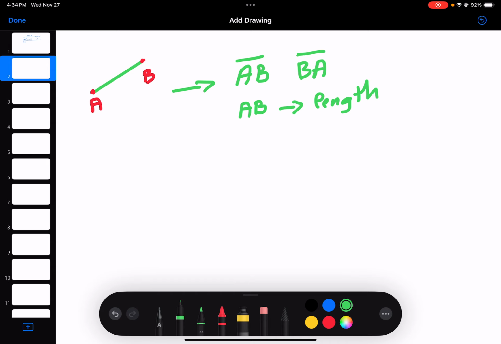Now let's go on to a ray. Let's say we'll take yellow. A ray will start at an endpoint, and we keep on going forever on one side.